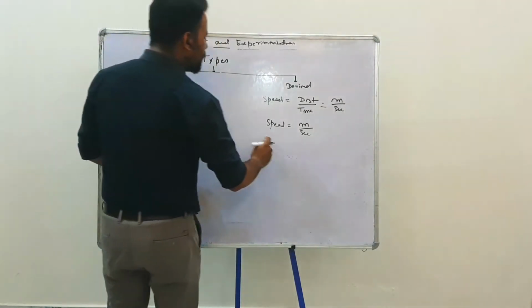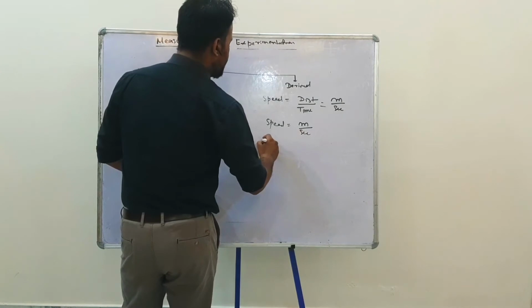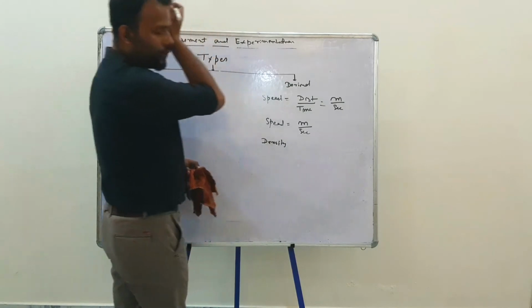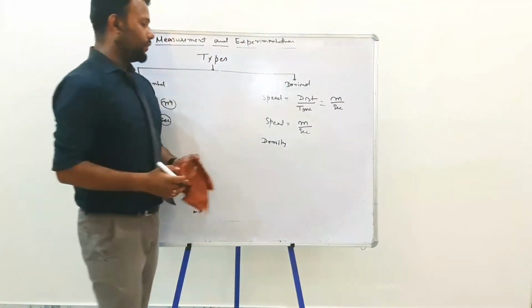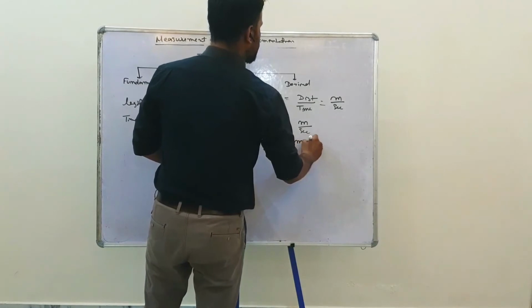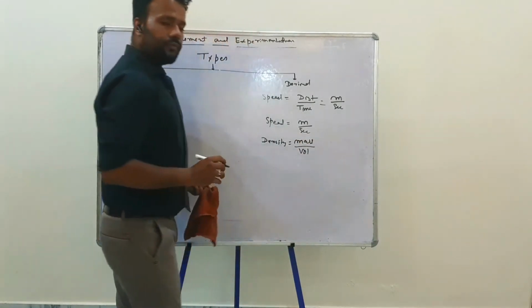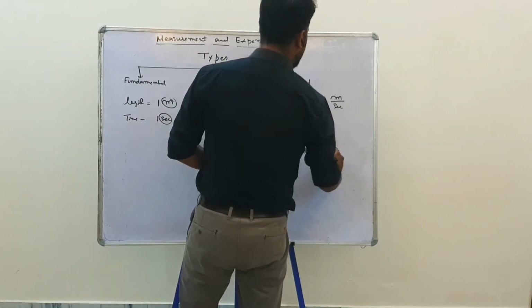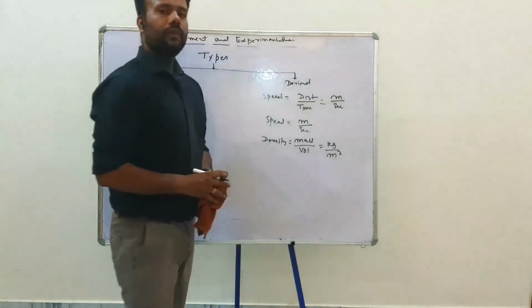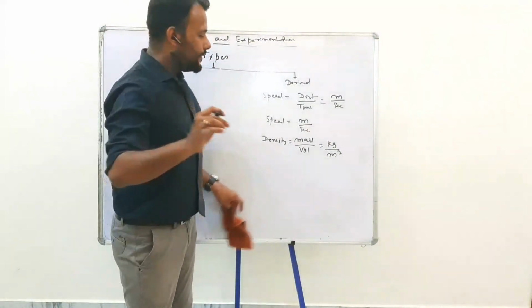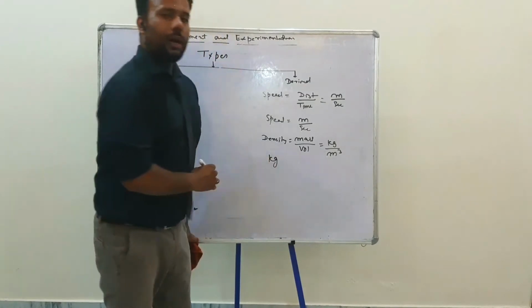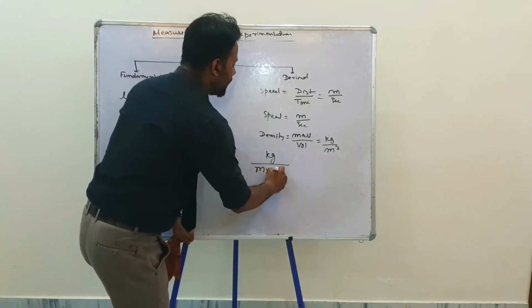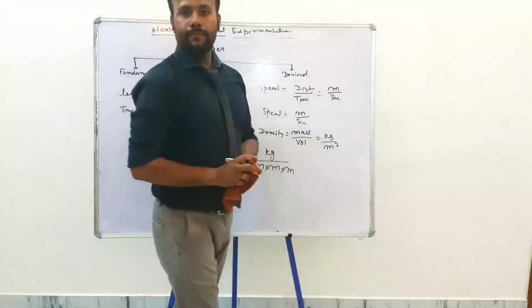Let's say one more measurement. Suppose I want to find out, let's say, density. Now you know that density is nothing but mass upon volume. The unit of mass is kilogram and that of volume is meter cube. So to find out the density, we need first kilogram, which is a fundamental unit, and we need 3 meters.